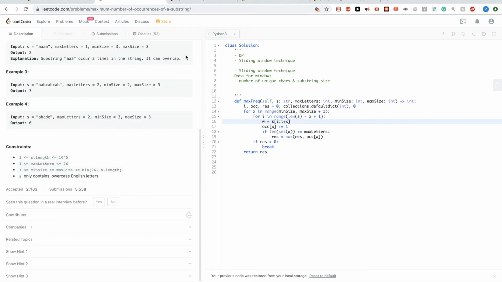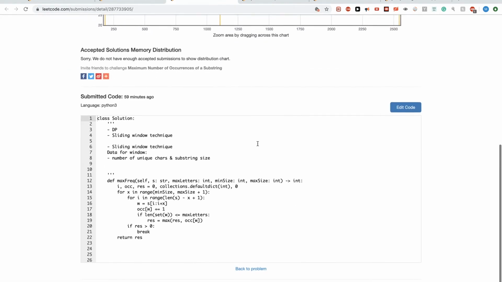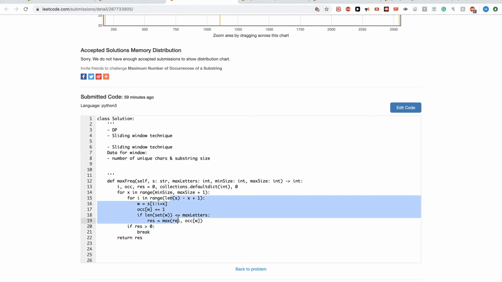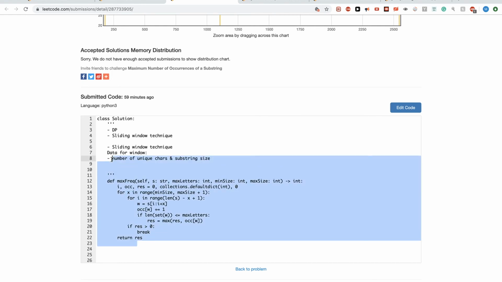But checking if the result, like, we obtained something, right? So if we obtained something, there is no reason to keep going. We can just break out of this for loop, right? Because we found something with a smaller size, right? So it doesn't matter anymore, right?